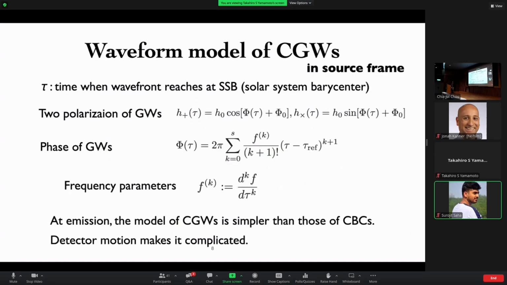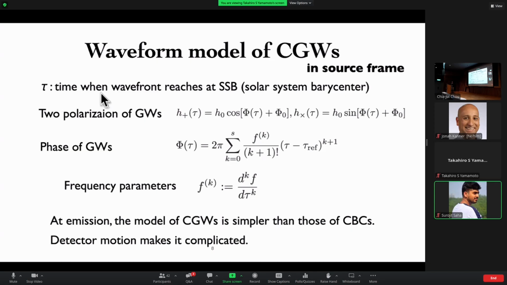Okay, so let's look at the waveform model in detail. This is the waveform model in the source frame. When the source emits continuous waves, the waveform is quite simple. Here I use tau as the time coordinate.